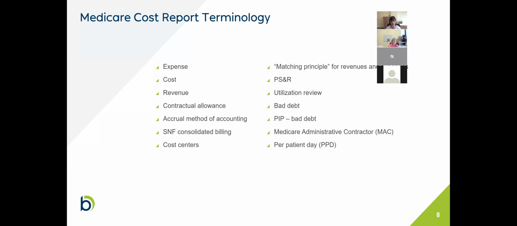So for example, your dietary department not only may have costs, but they may also have revenues if you are selling meals to your employees or some guest visitors, or you have some catering events. So any revenue received from dietary events or services have to be applied to reduce the cost of that service provided. And that is matching principle.